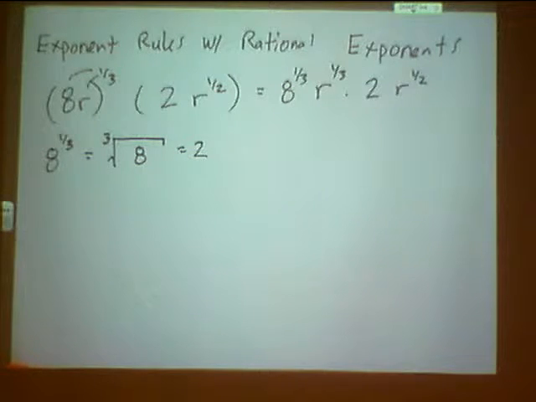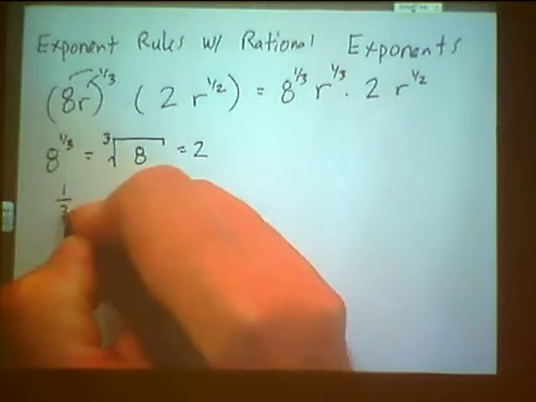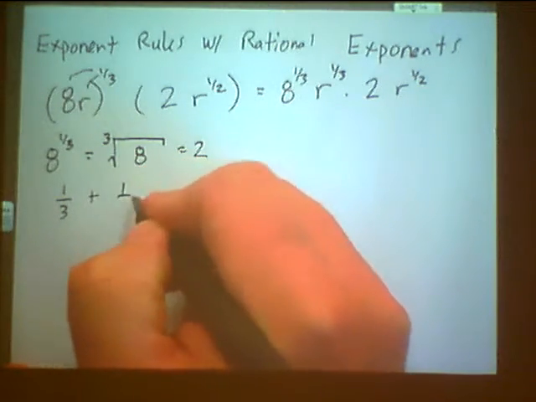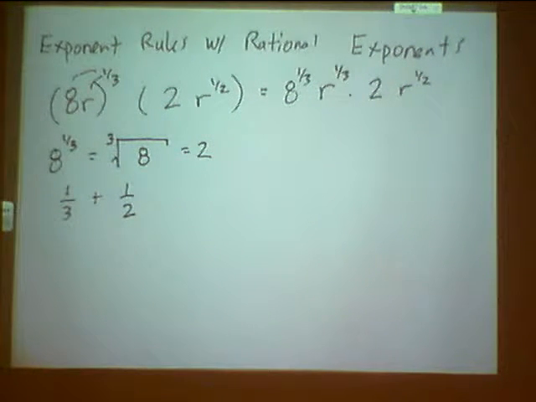Well, in this case, I'm actually adding two fractions, and as it turns out, they do not have the same denominator. So I'm going to go down here and first try and add these two fractions, because that is now going to be the exponent of my r variable.